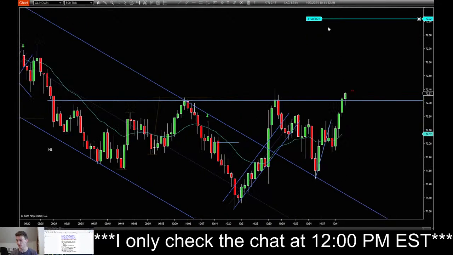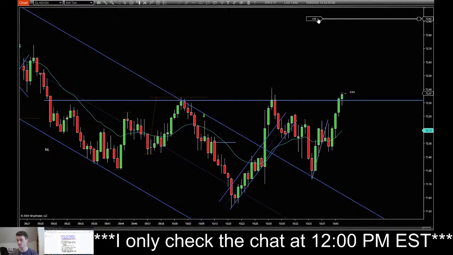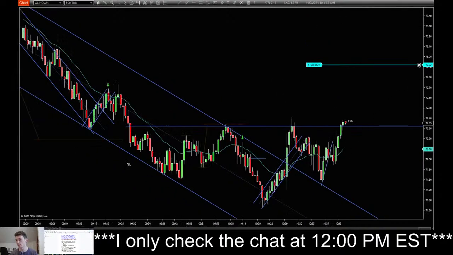It doesn't look like that's what we're gonna get though. Okay, so we did close up and through there, so I'm gonna wait on possibly a failed second entry. Lower high would probably move too far, similar to this by this point.